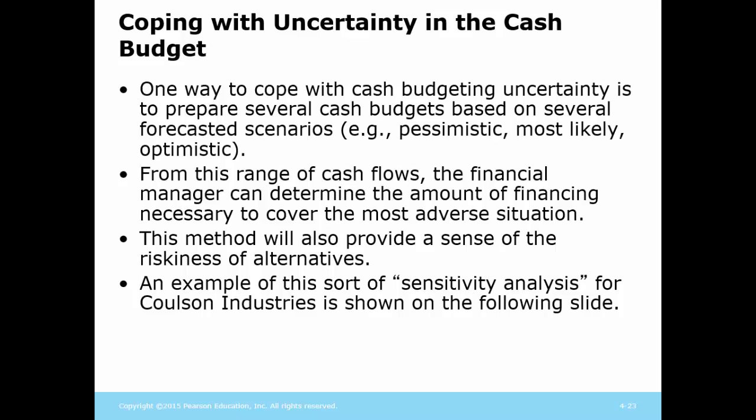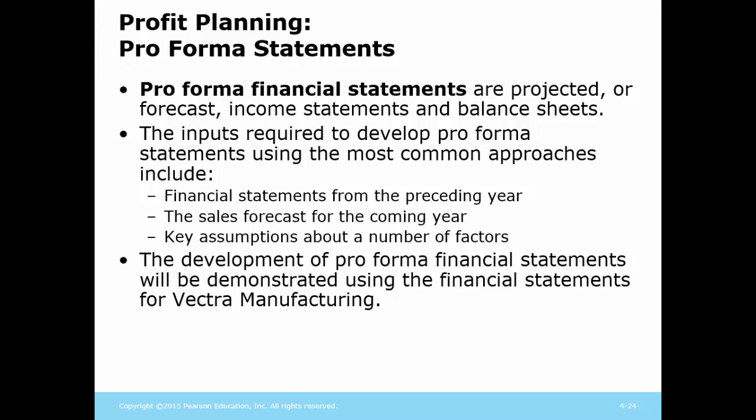But again, in the end, since this is a forecasting process, there's always going to be a level of uncertainty. So what about the profit planning or the pro forma statements? We're not going to get into great detail in this particular lecture, but in general, what we want to do is predict the financial statements at least for next year.